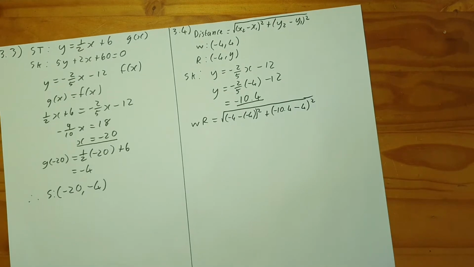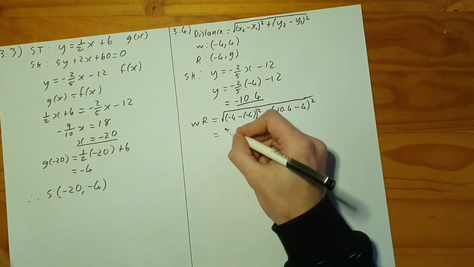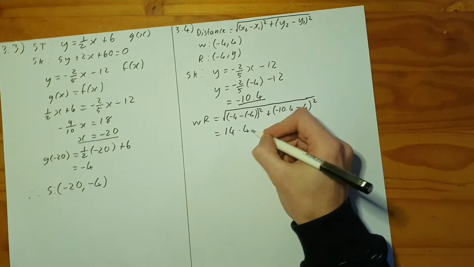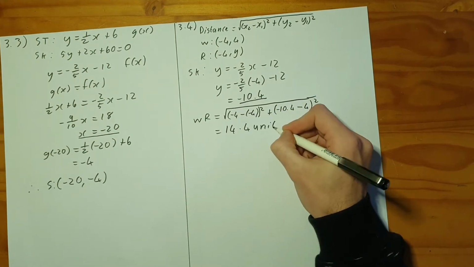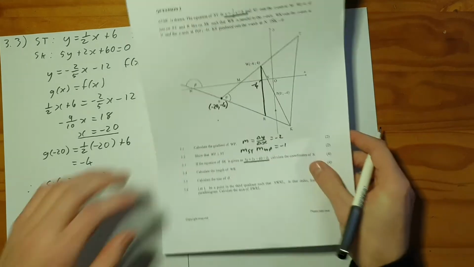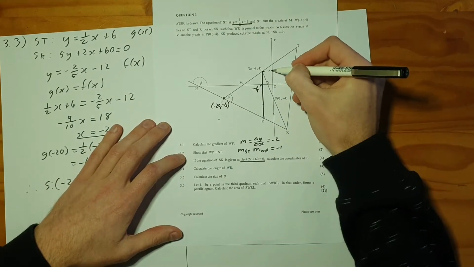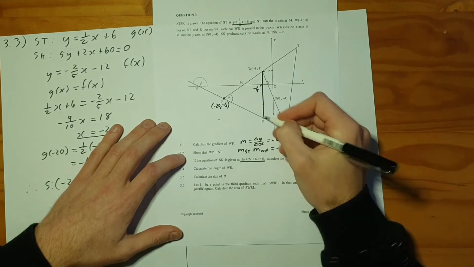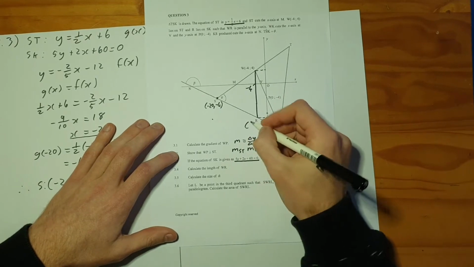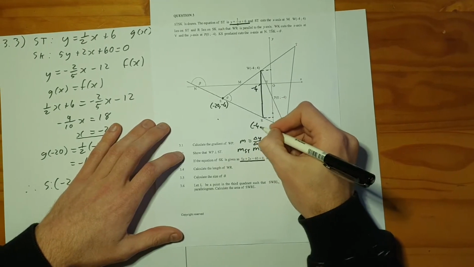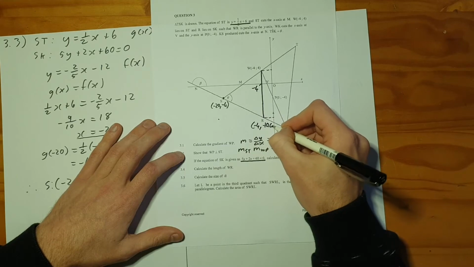If you plug that into your calculator, you shall get a value of 14.4 units. The other way you could have done it is just by looking at the change in y values for the coordinates. I'm going to fill this in here. This was negative 4 and negative 10.4.